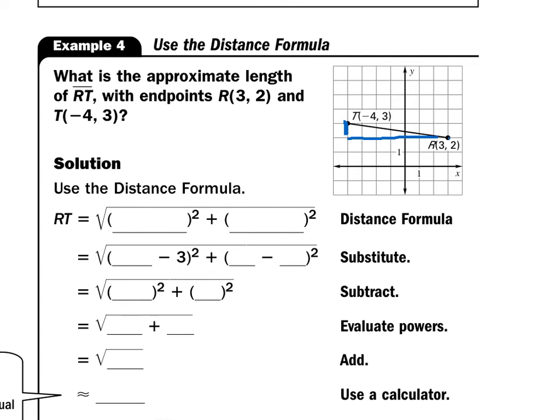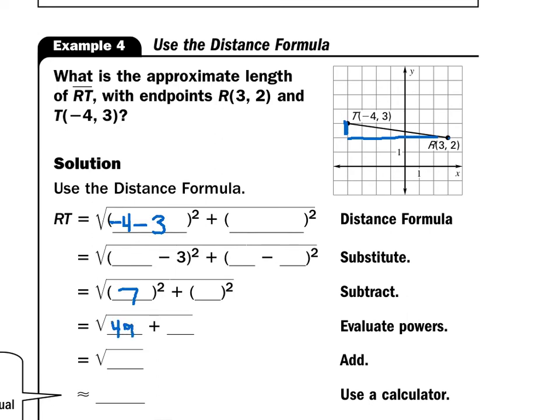But we could also say more mathematically, we could say -4 minus 3, and that's -7. What happens to -7 when we square it? Well, it becomes positive. So we'll just have 7 squared, or 49.